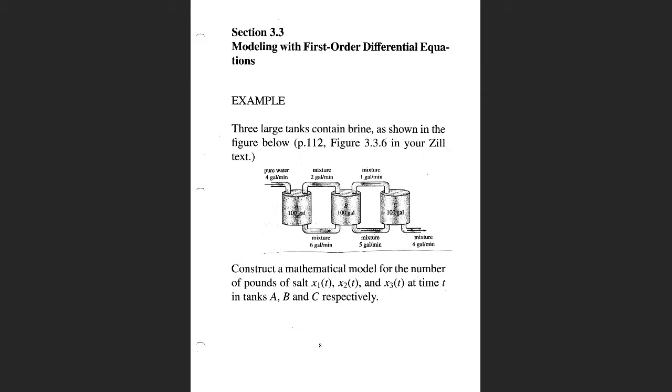What do you notice about 4 gallons per minute and 2 gallons per minute coming in, and 6 gallons per minute going out? Antonio had a comment: the volume doesn't change. Good. Volume remains stable. So the amount of fluid going out equals the amount of fluid coming in. Same in, same out. That's right, Thomas.